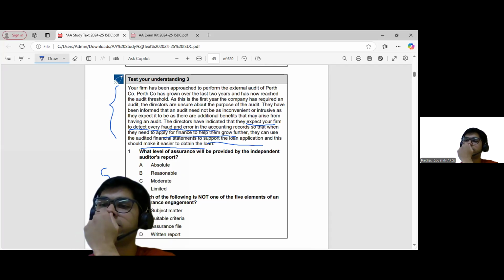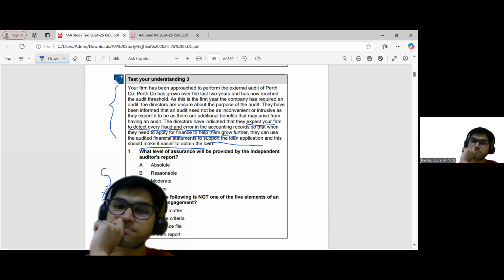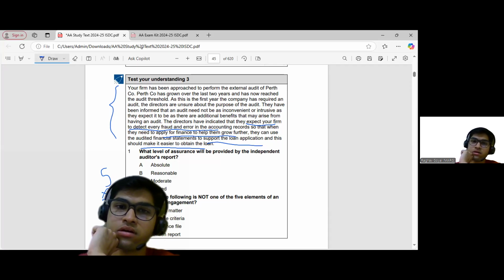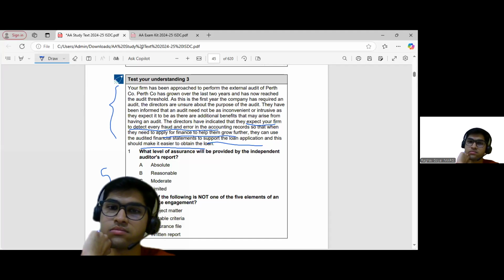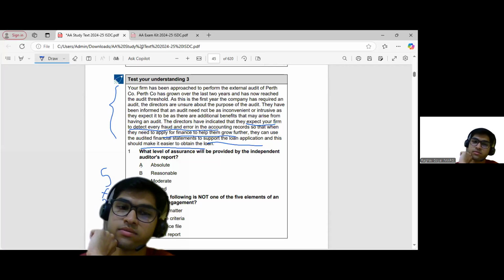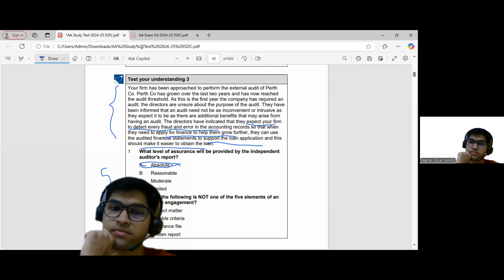So after having read the case study, let's solve these questions. We looked that the level of assurance cannot be absolute. So this is definitely not the right answer.